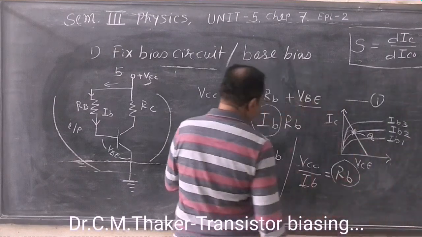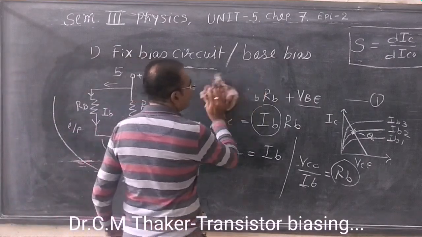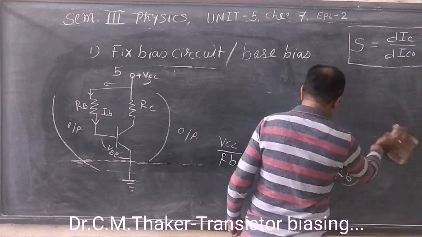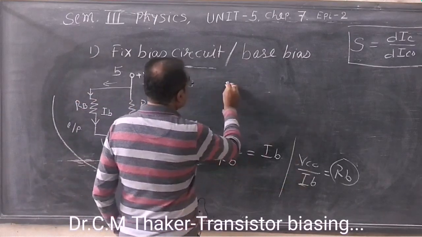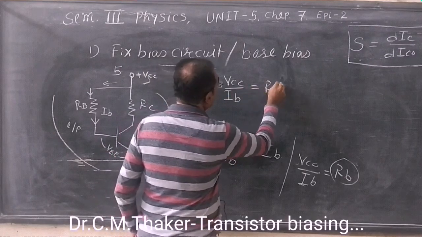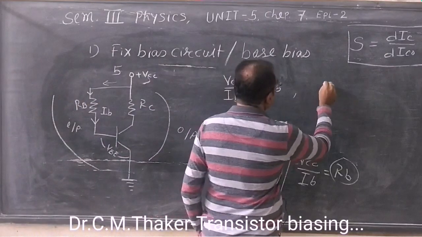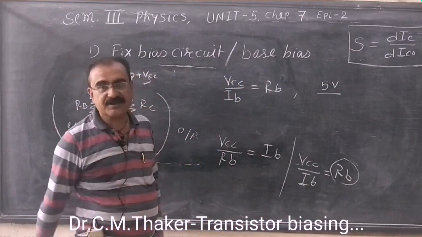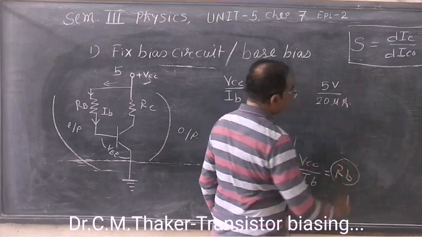So now this circuit is fixed bias. You can now understand the name of the fixed bias. Let me start with VCC upon IB is equal to RB. Suppose your VCC is 5 volt and the need of IB is 20 microampere.